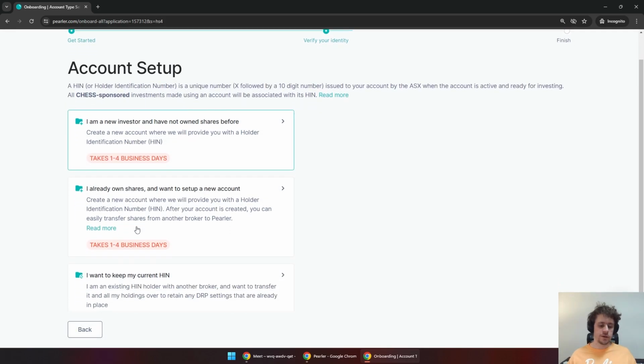Yes. So if you open up a shares account, in particular an ASX investing account, the way that the ASX is structured is that they open an account just for you that is yours legally and isn't really to do with Perla. There's a little bit to unpack there, but essentially you get a unique identification number, like a driver's license number for your shares, that has nothing to do with Perla.